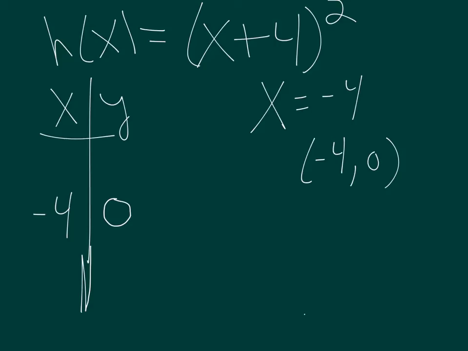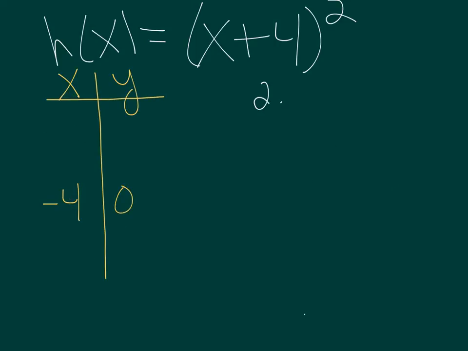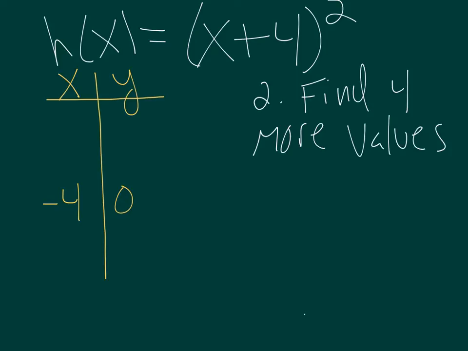Now from there, the second thing we want to do is find 4 more values. And if you notice, I put the negative 4 right in the middle of the table, because I'm going to put 2 points here and 2 points down here.